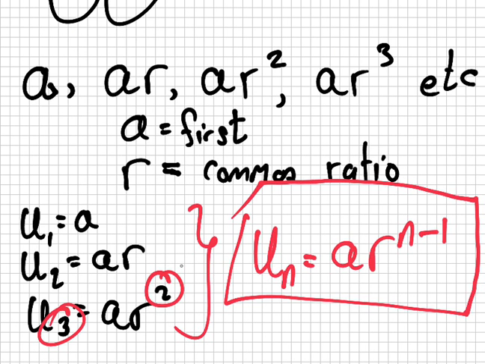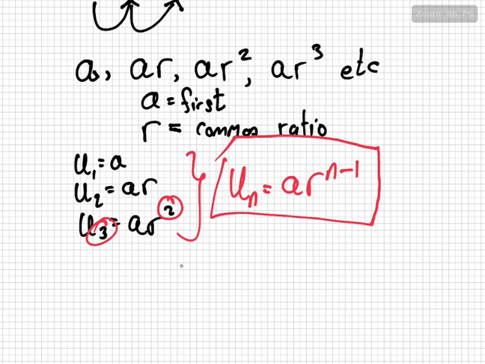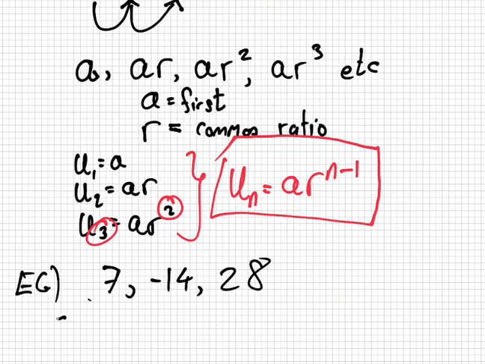Okay. First example, like in arithmetic, I want the A and the R. So what is the A here, Joshua? 7, okay. And what's the R? Minus 2.